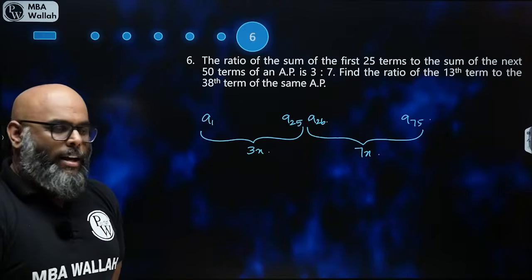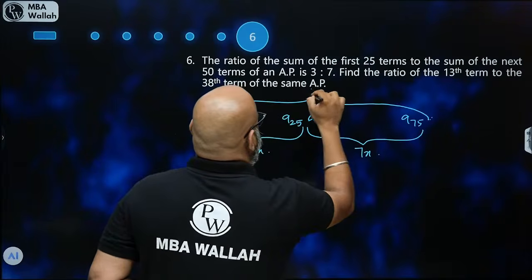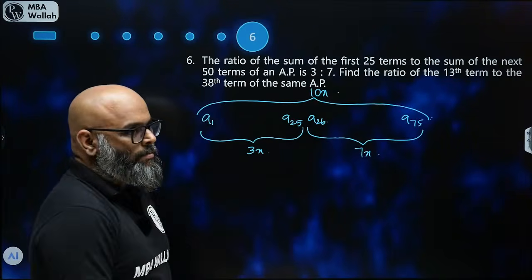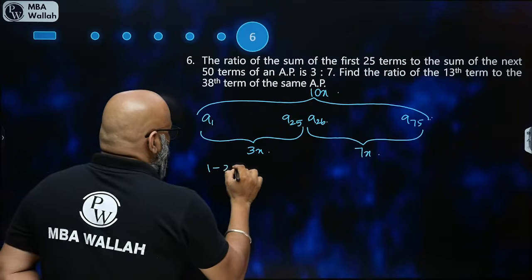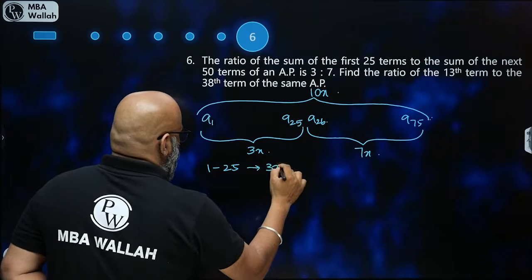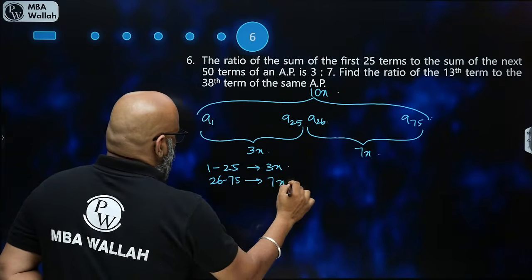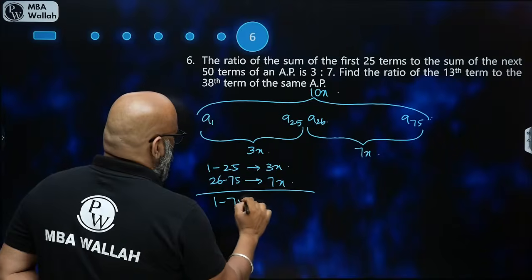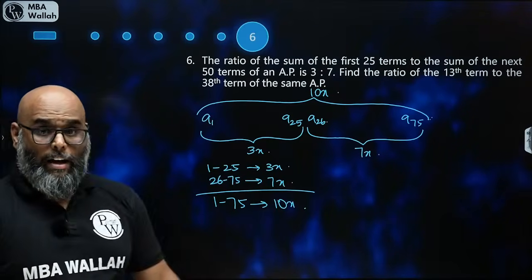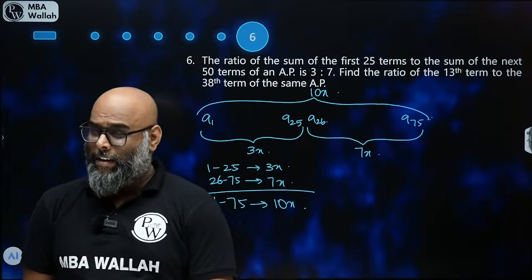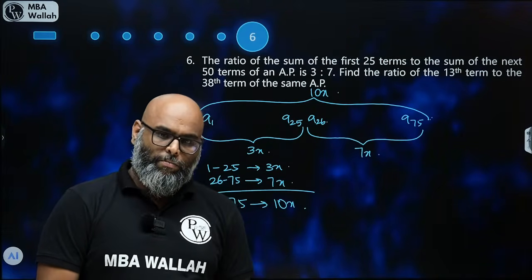Now, can I say sum of all the 75 terms is 10x? 1 to 25 is 3x, 26 to 75 is 7x. I'm simply saying 1 to 75 is going to be 10x. That's all. Can I say this? It resolves my problem by a fair margin now.